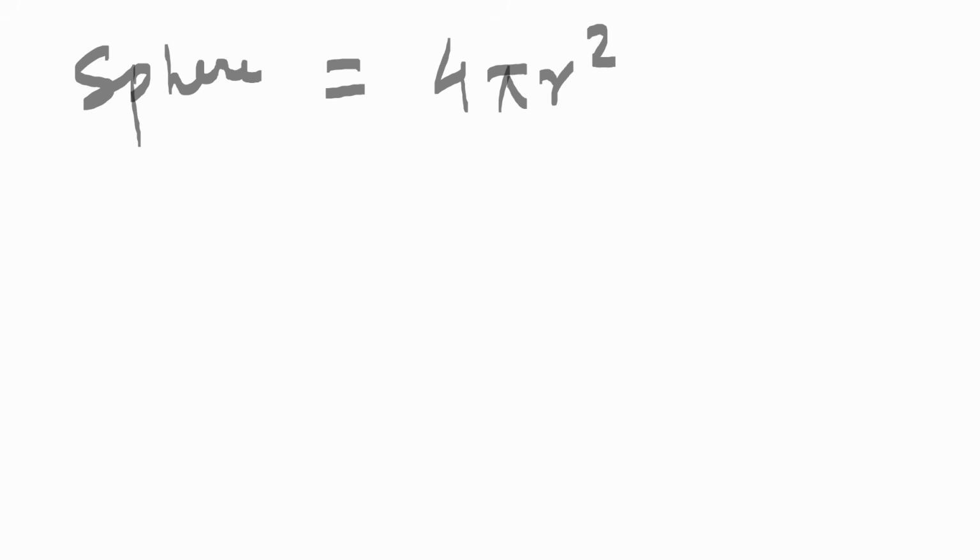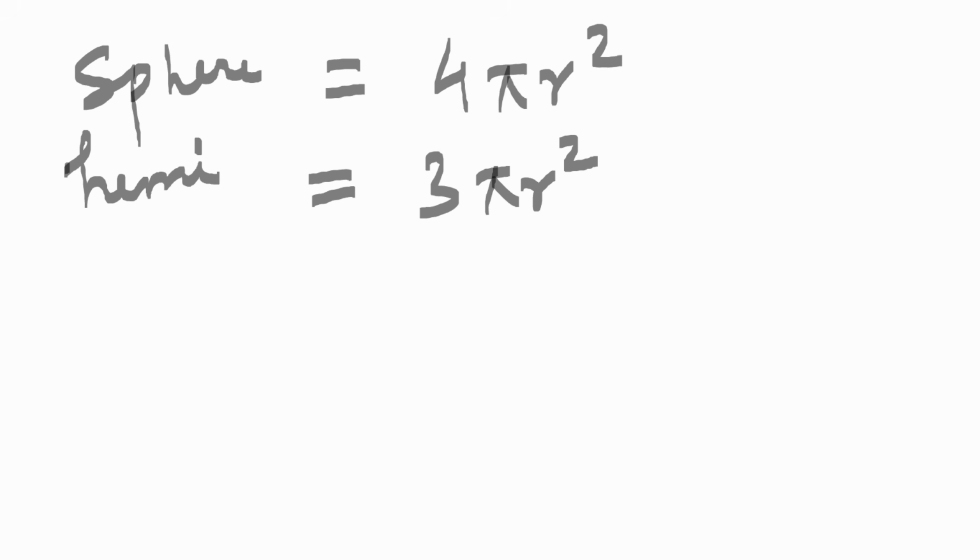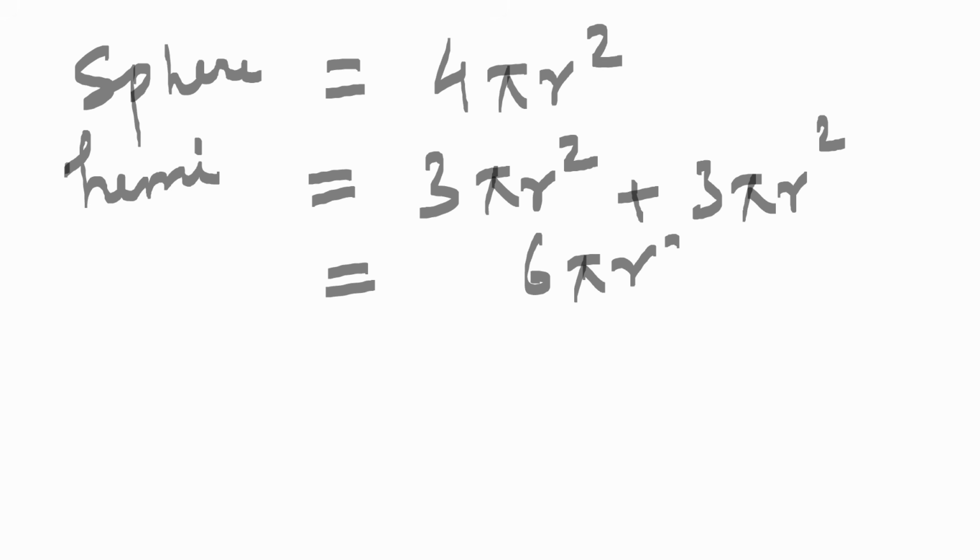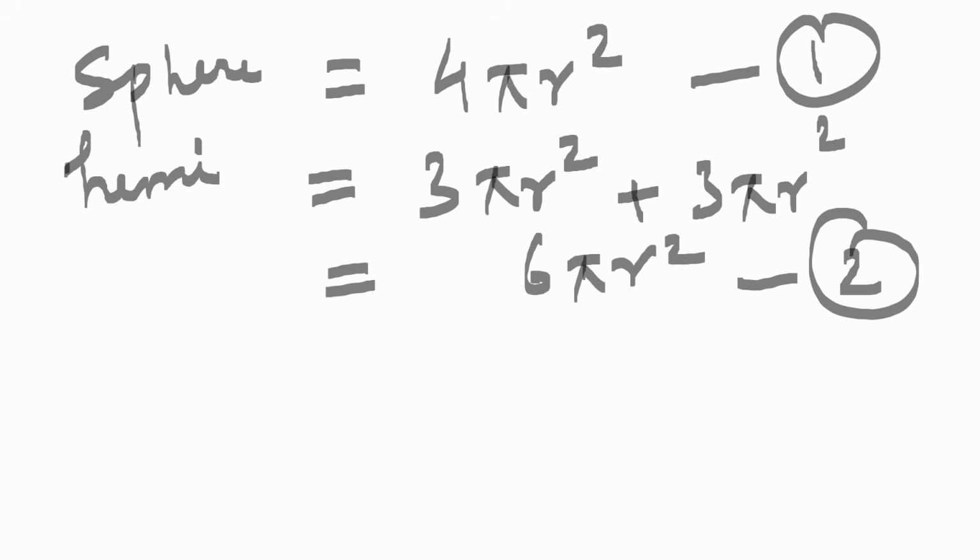So we can say for sphere, the total surface area is 4 pi r square. For hemispheres, the total surface area is 3 pi r square plus 3 pi r square, which we can say is 6 pi r square. So we have to find the ratio of sphere and the two hemispheres.